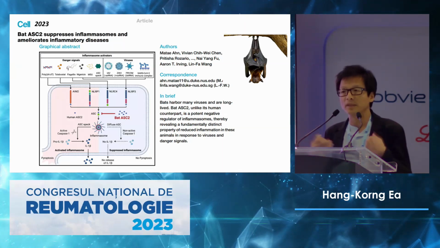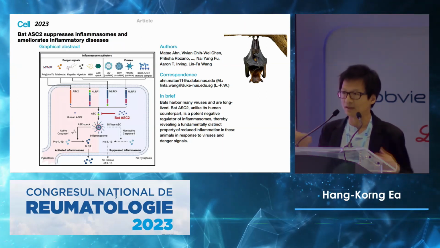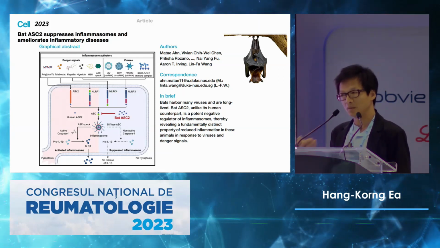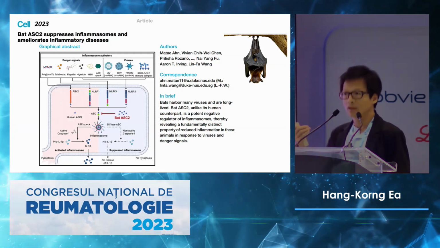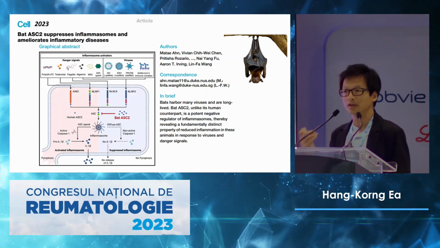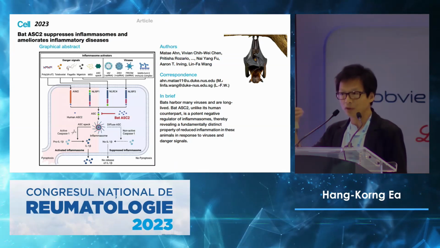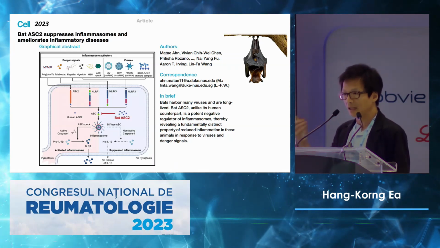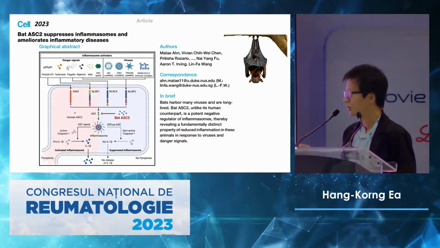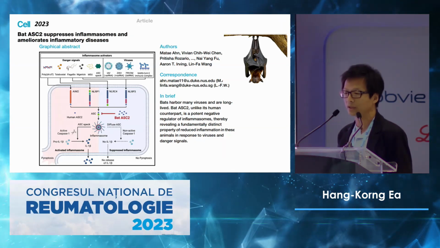And what is the mechanism of this long lifespan in these animals? One of the hypotheses is that these animals can reduce the inflammatory response and reduce oxidative stress production, and these reductions of inflammation is healthy, and it contributes to the increased lifespan.